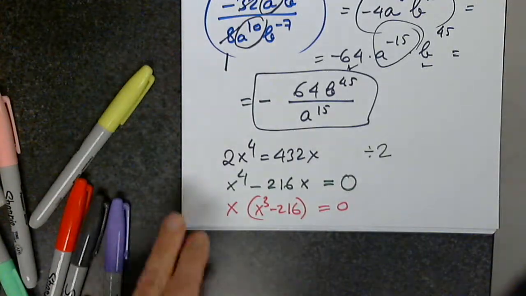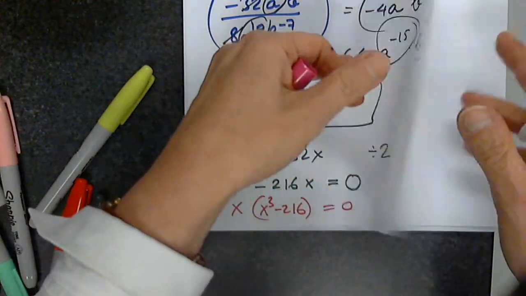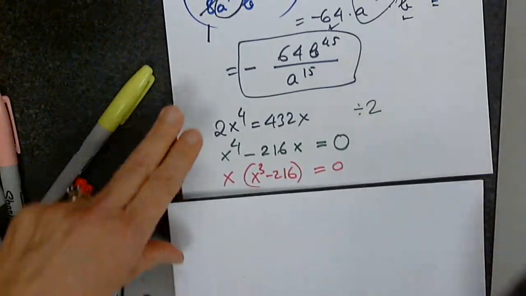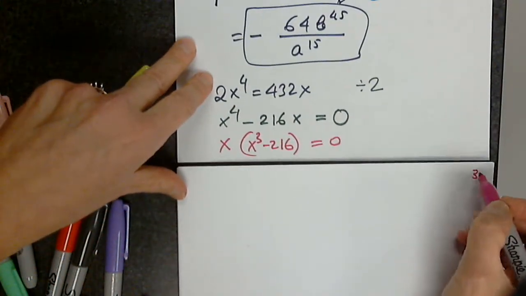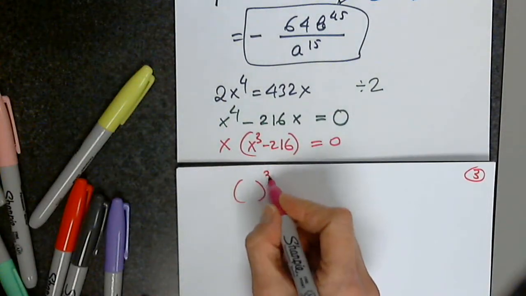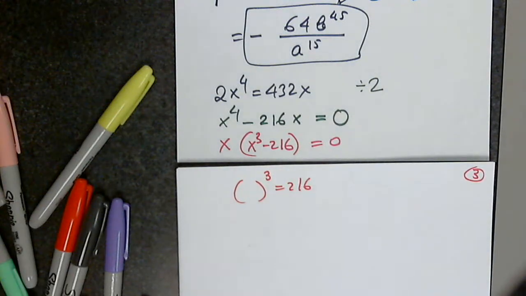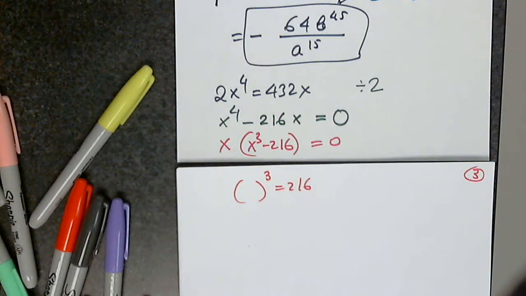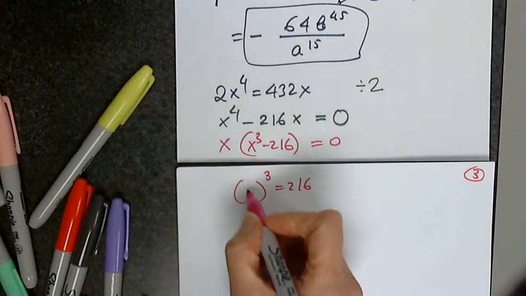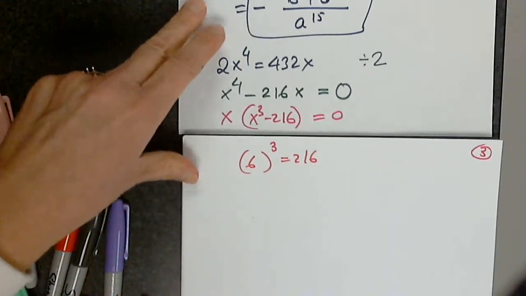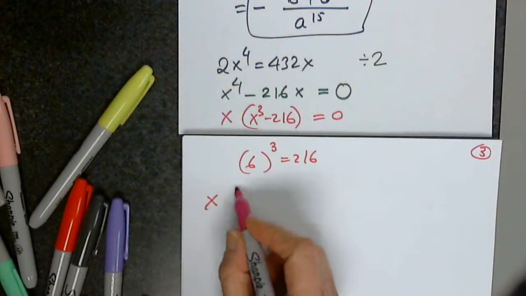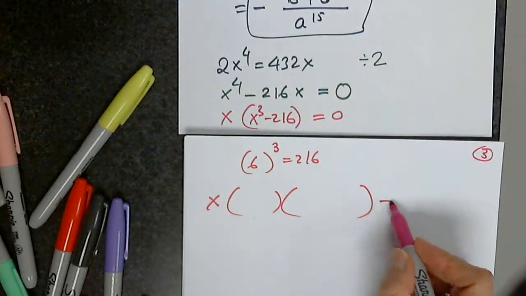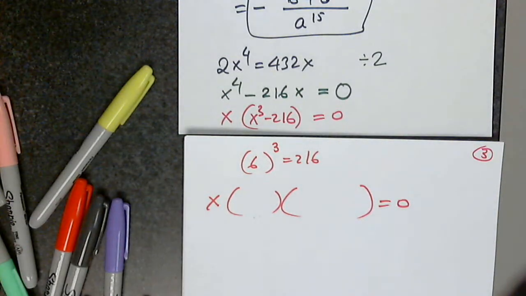So therefore, I continue trying to find what number cubed is 216. 6, indeed. So then I continue factoring this as x. I have not refreshed your memory on this formula.